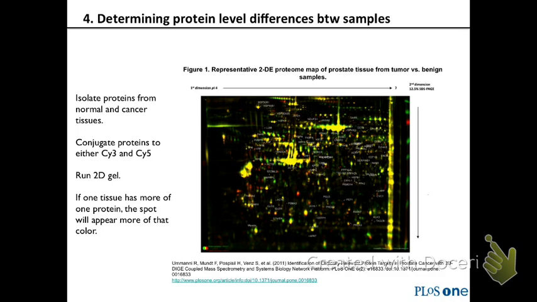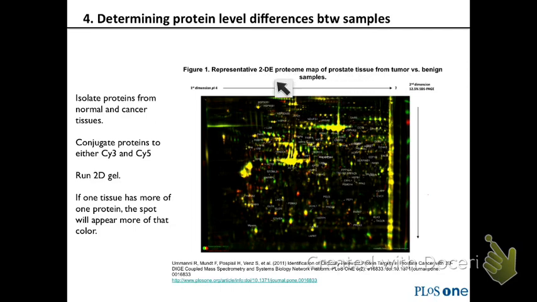How do we do this? Essentially, you can do a 2D gel proteome map. In this example, we're looking at a 2D gel proteome map of prostate tissue from tumor versus benign, normal samples.